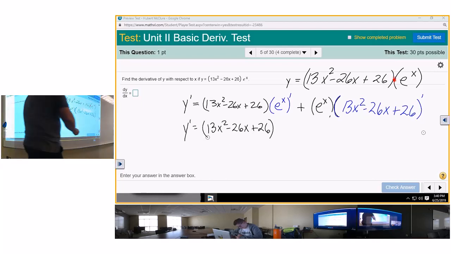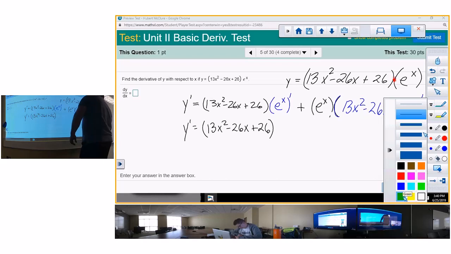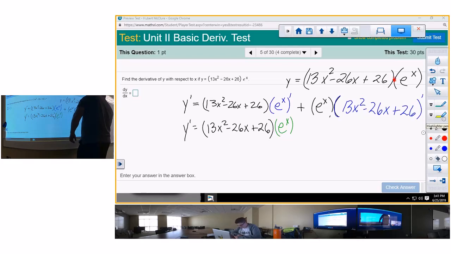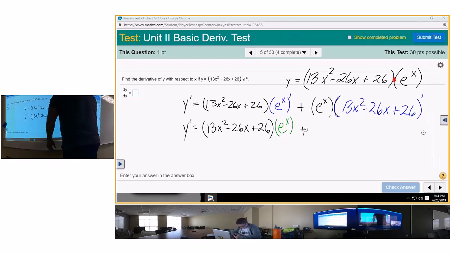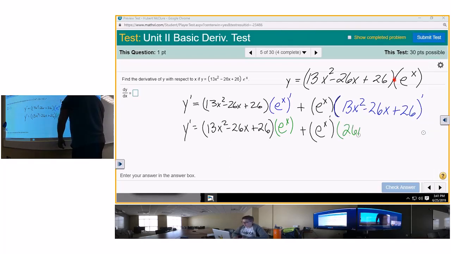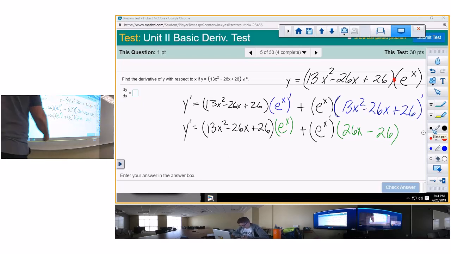And I'm going to go to green. That's going to be e to the x plus e to the x times 26x minus 26. Factor out e to the x. That's all I'm going to do.